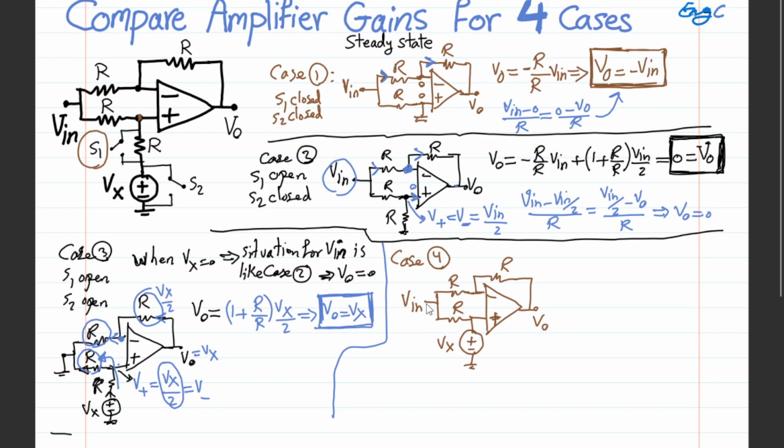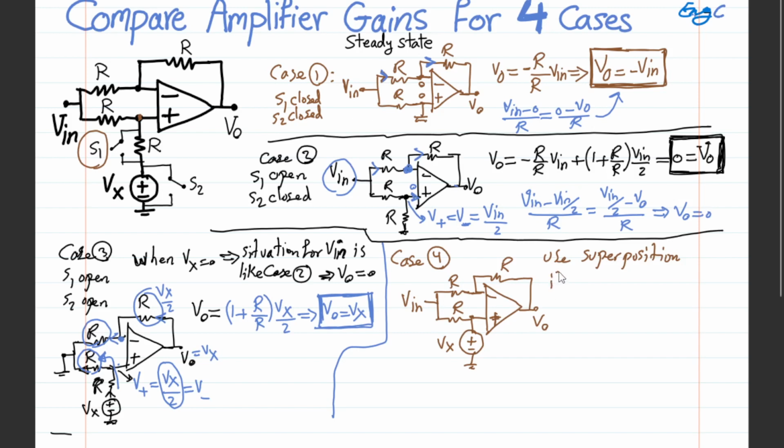Well, again, superposition, so use the same as what we did in case 3. Find the contribution of V in to the output, and find the contribution of Vx to the output. So if we assume Vx is not there, so Vx is 0, so therefore shorted, the positive terminal is then connected to ground, that exactly goes back to case 1 in terms of what we have for Vn.